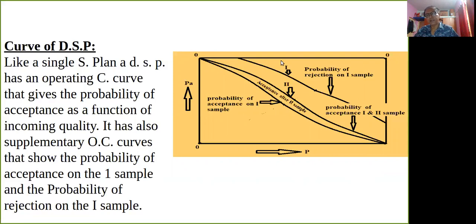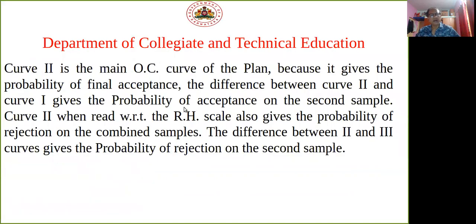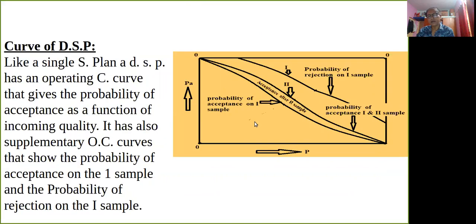Here you can see the OC curve for the double sampling plan has been drawn. It shows the probability of acceptance on the first sample and the probability of rejection on the second sample. And here is the probability of acceptance for both the samples. This is curve 1 and this is curve 2.